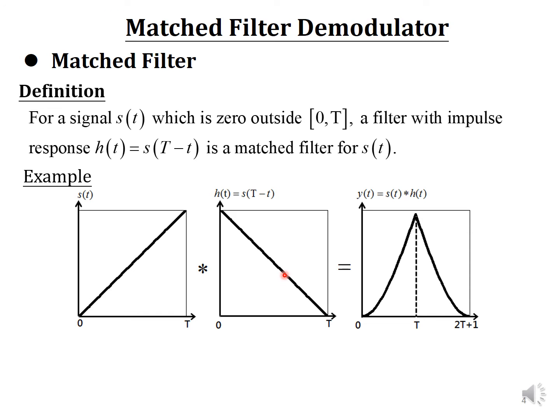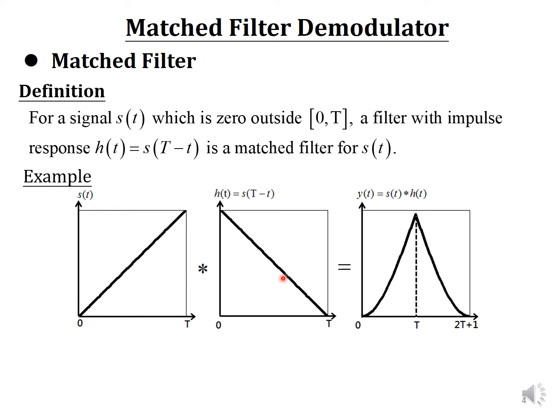What do we mean by convolution of two functions? The convolution of two functions is done by flipping the edge to the left and then pulling it over, at t equal to 0.